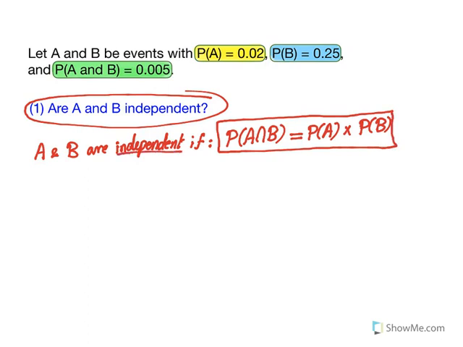If these two numbers are not equal, then they are not independent, or you can say dependent. So let's check.